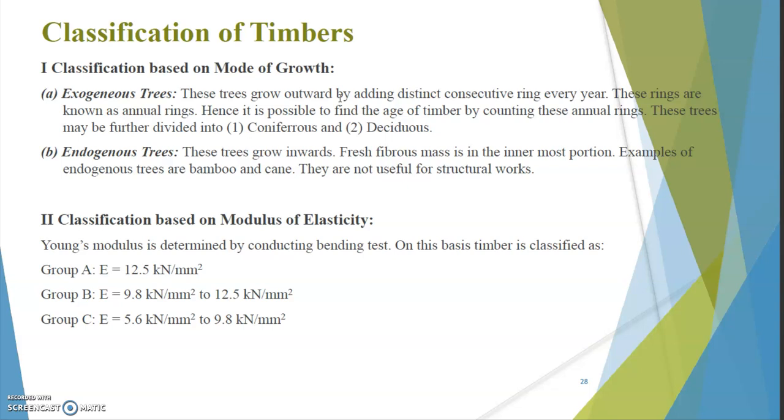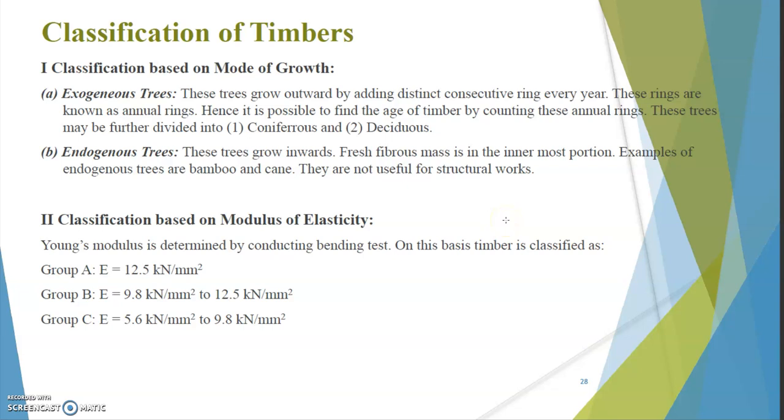These trees may be further divided into coniferous and deciduous trees. Then endogenous trees grow inwards, which means fresh and fibrous mass is available in the innermost portion. For example, bamboo, cane and sugar cane. They are not useful for structural works. Why?